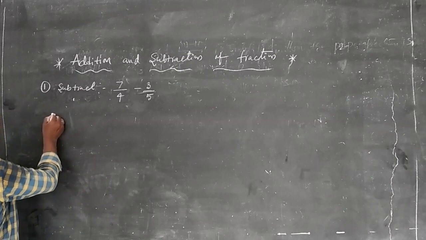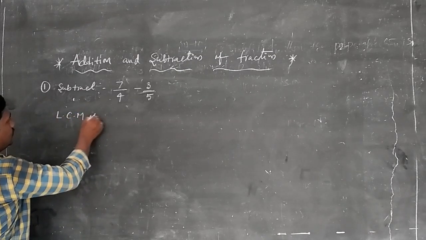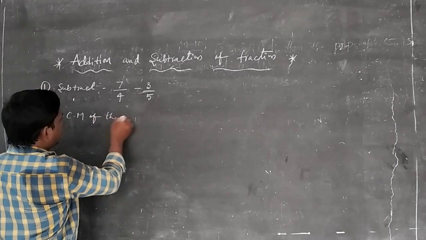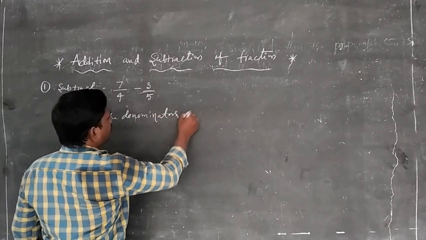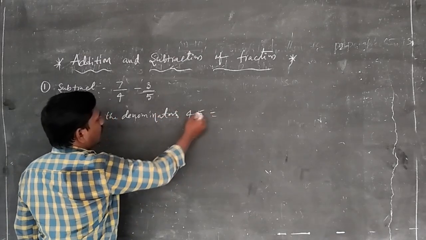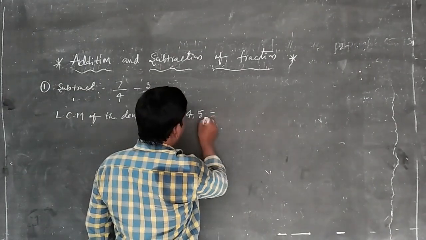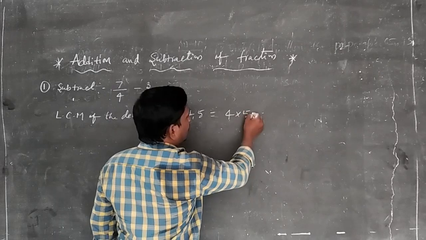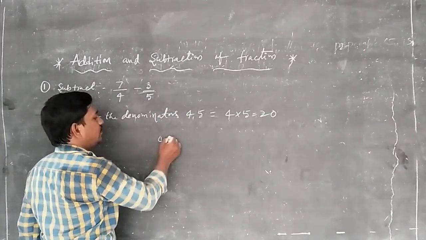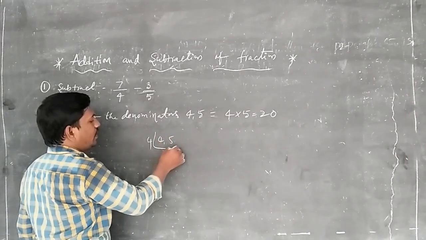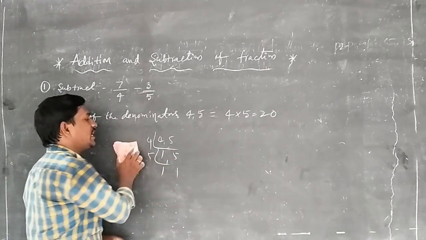LCM of the denominators 4 comma 5. These are two distinct numbers, so we can take the LCM as the multiplication of both numbers. 4 into 5 equals 20. 20 is the LCM.